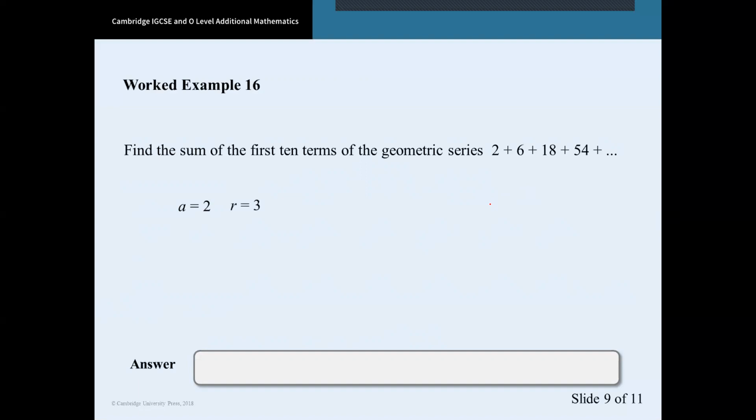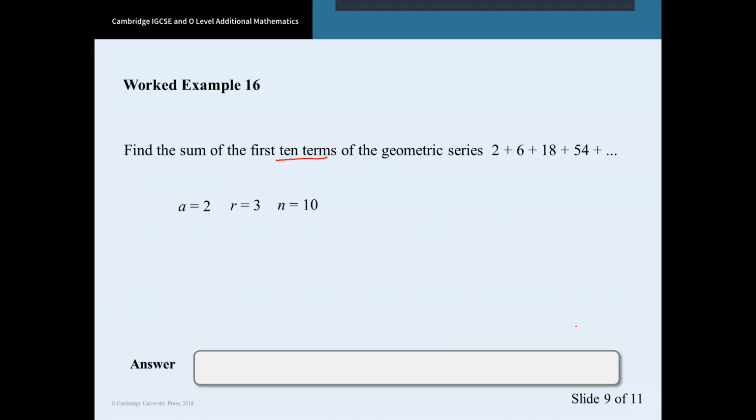I believe in the last video you already learned how to look for the common ratio. You use u2 divided by u1, the second term divided by the first term. And here the n would be 10 terms, as it's being asked in this question.